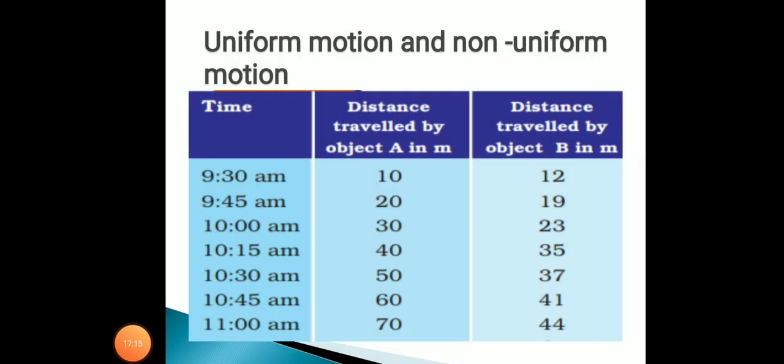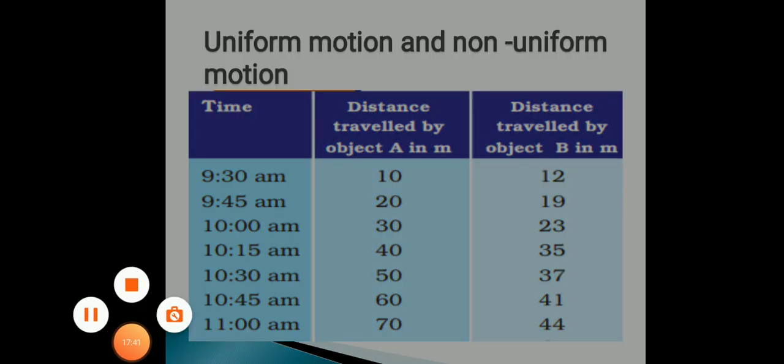So here we know the data regarding the motion of two different objects A and B. Now examine them carefully and state whether the motion of the object is uniform or non-uniform. Take some time and just observe it.